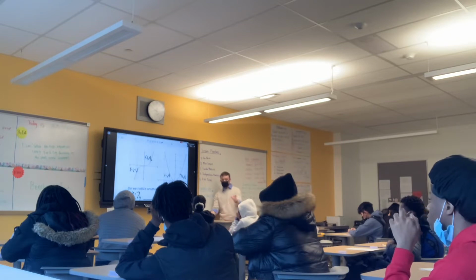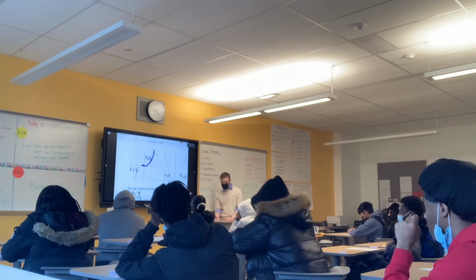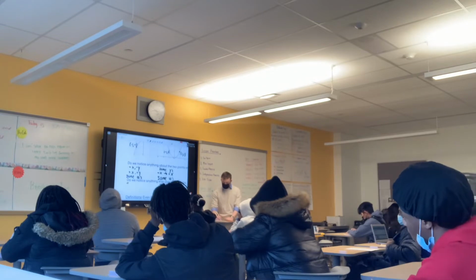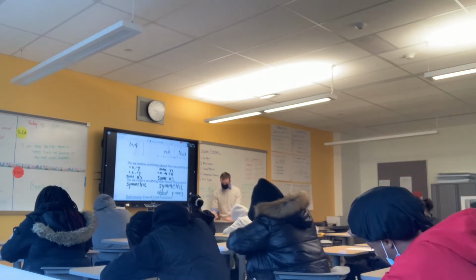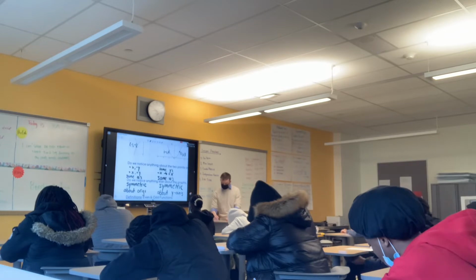It's flipped, kind of rotating. This one is up here, and this one is the same thing, but reflected. It's flipped over. It's still symmetric because it still has two parts that are the same. We call that symmetric about the origin.